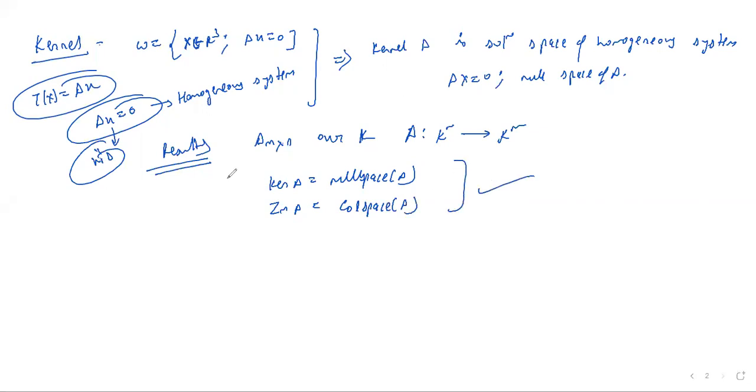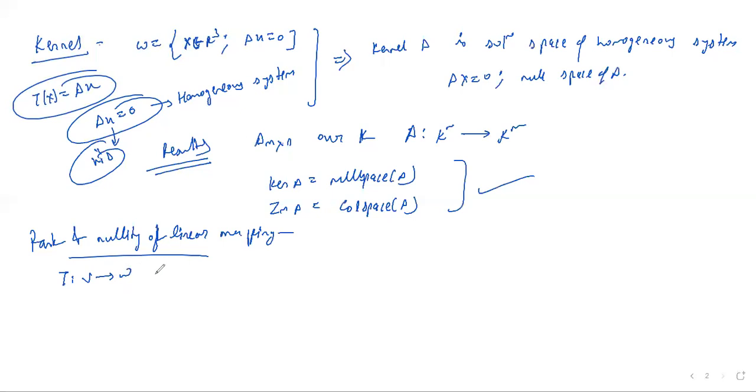Now if we look to the part of rank and nullity of linear mapping. If the linear mapping goes like T: V to W, this is our linear mapping.